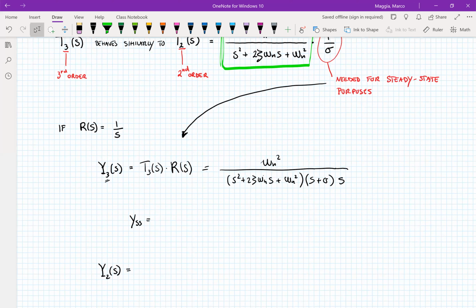So what is the steady state value? Can we apply the final value theorem? Well, two poles have a negative real part. The other pole has also a negative real part. And the other pole of this Y3 function is 0, so multiplicity equal 1. It all works out. So we can apply the final value theorem.